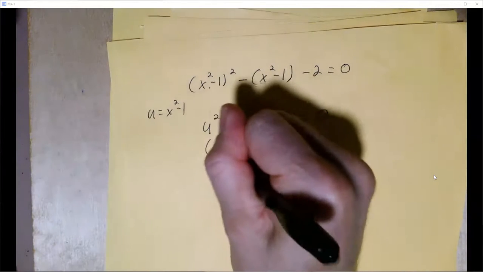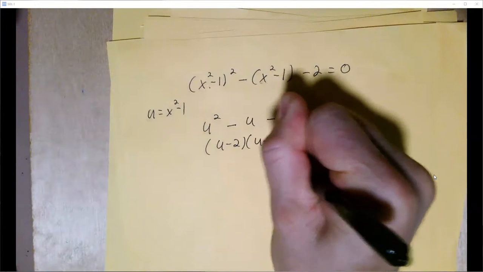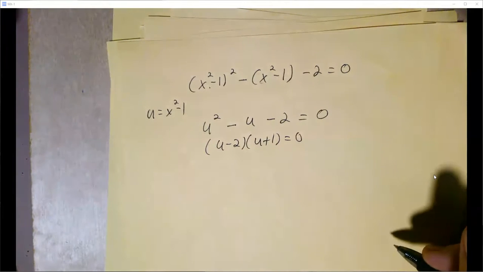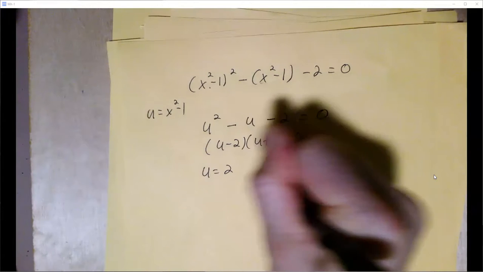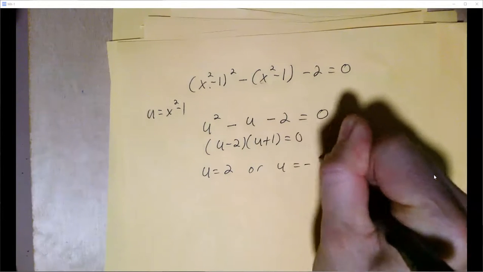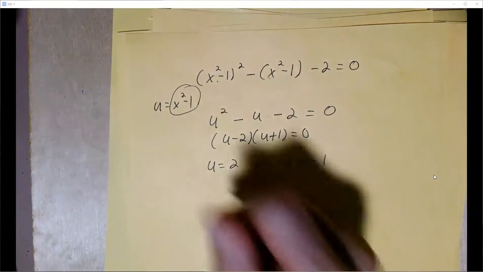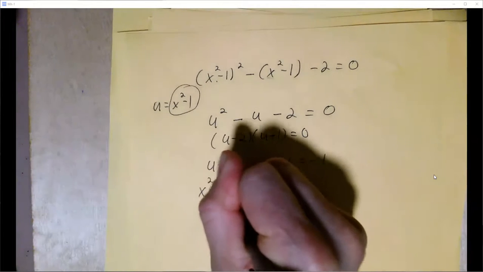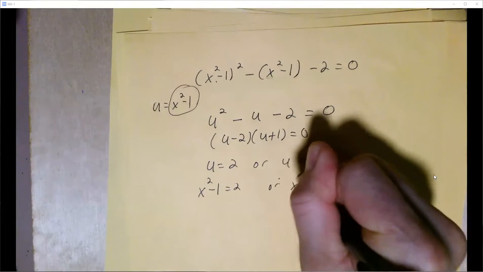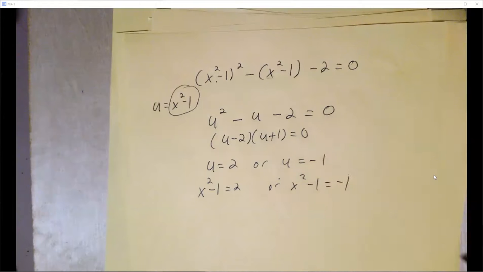This factors into u minus 2 and u plus 1, giving me solutions of 2 or negative 1. Again, as soon as I get u by itself, I'm bringing my substitution back in. So this would say that x squared minus 1 equals 2, or x squared minus 1 equals negative 1.